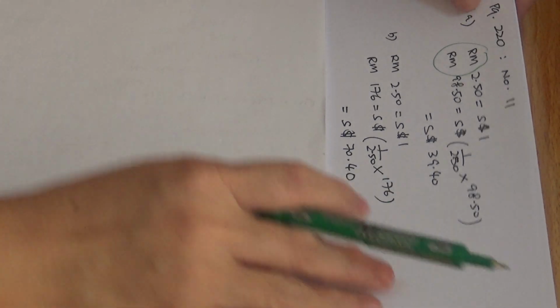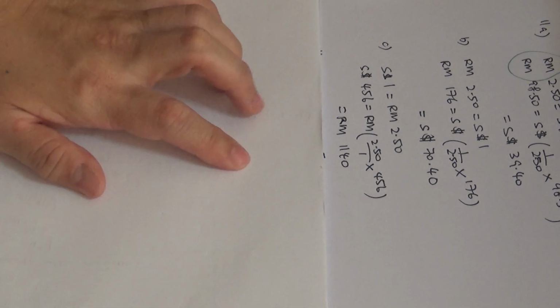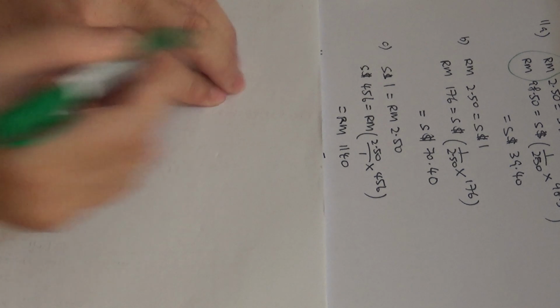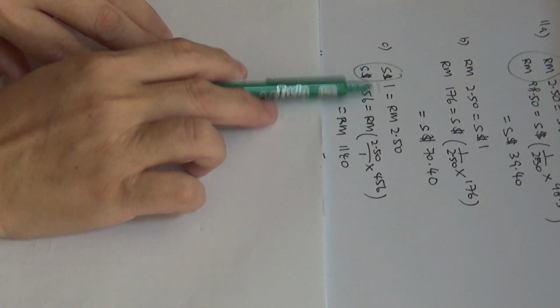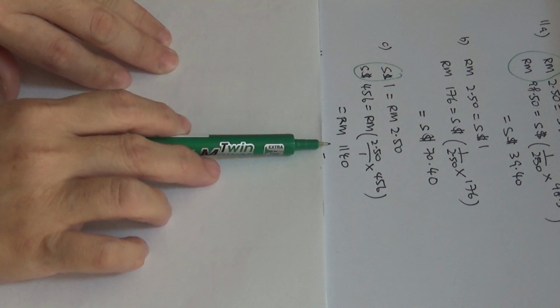Now 11C, they want to find Malaysian ringgit. So when we line them up, we'll realize that we have to put the Singapore dollars here. So we got to write the rate the other way round and take this over this times this. We'll get 1140.